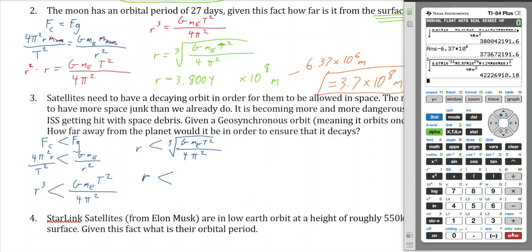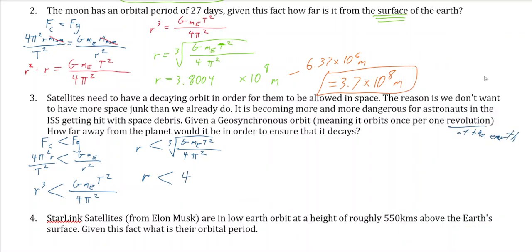So we get a result of 4.22 times 10 to the 7 meters. So it's actually pretty far away from the Earth for a geosynchronous orbit.